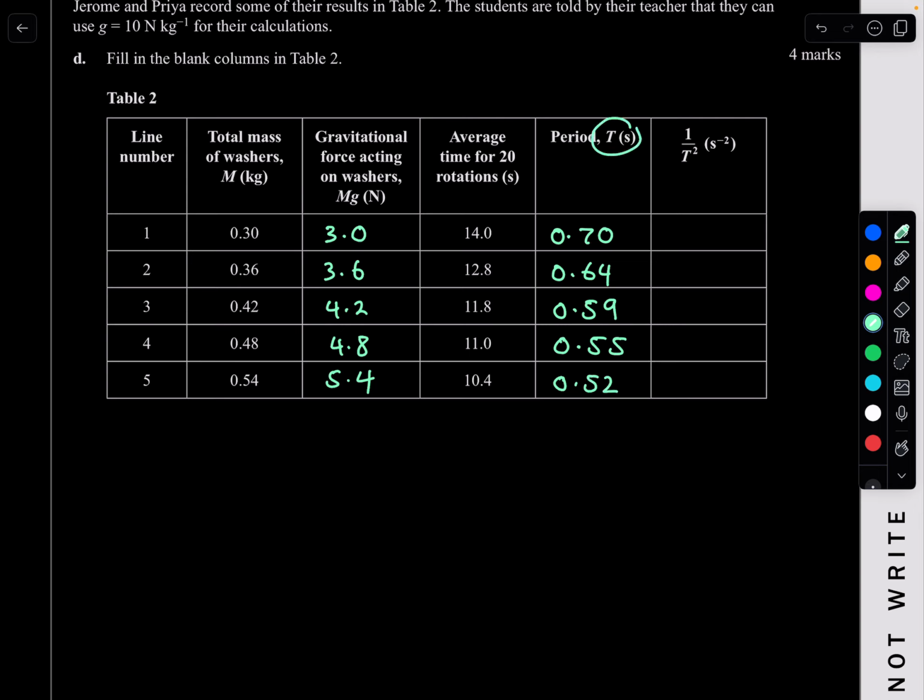And so we have our period, and we just have to do 1 over T squared. So 1 over our period squared. Let's do that. 1 over, first one, 0.7 squared. We get basically 2.04. 1 over 0.64 squared is 2.44.